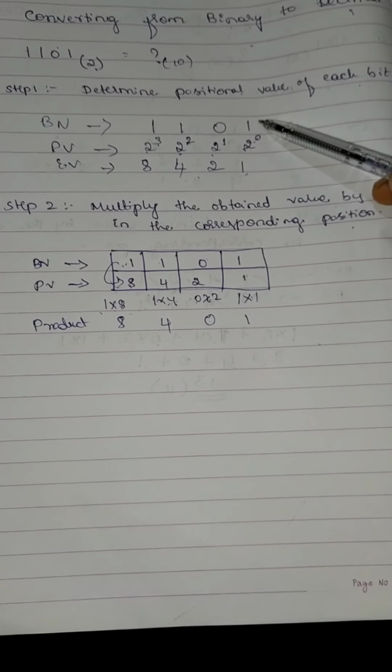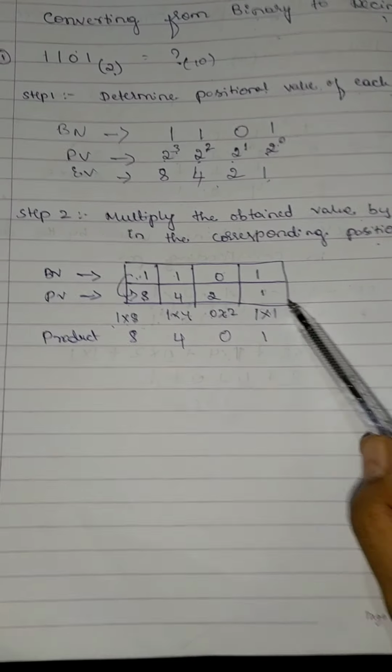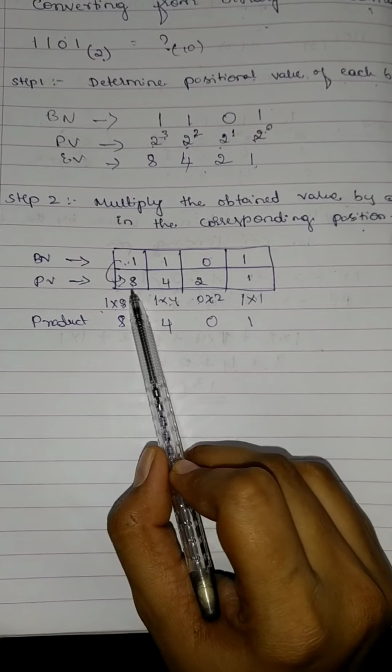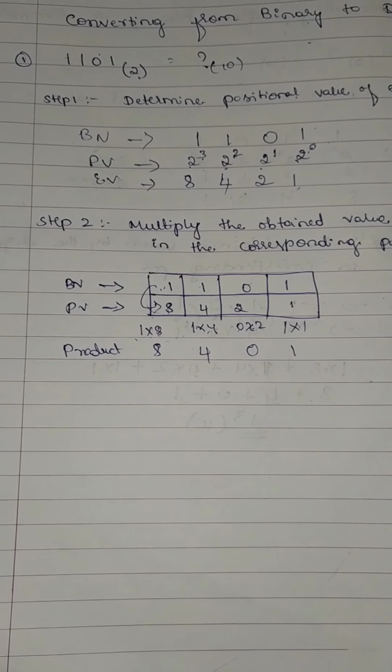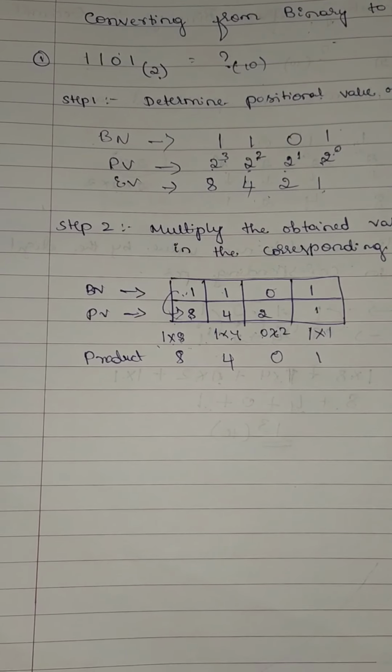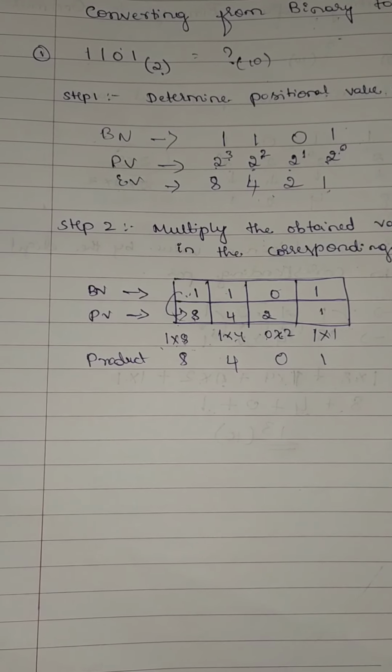So in the first step we find the positional value. In the second step we multiply the positional value with the binary digit. In the third step we sum the products calculated in the second step to get the decimal number.